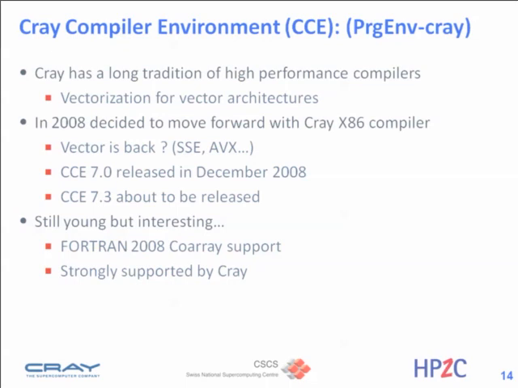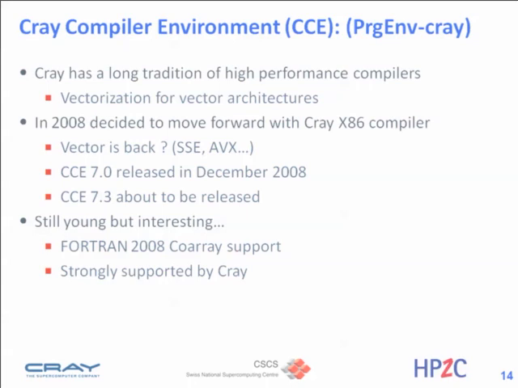So the expertise we had in building vector codes from the 80s is coming useful also for generating instructions on the new x86 chips. So we started this compiler in 2008, so now it's about two and a half years that we are using this compiler. So it's a new compiler, but there are some interesting features in this compiler already, and the efficiency of the code that is generated is increasing every day.